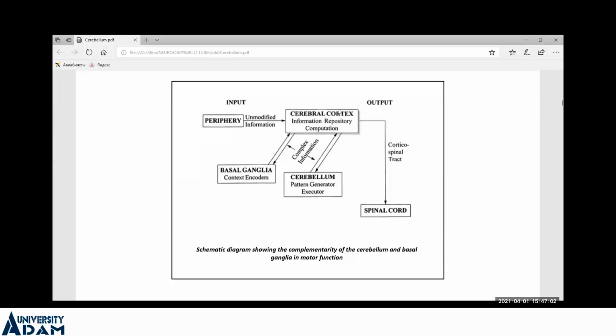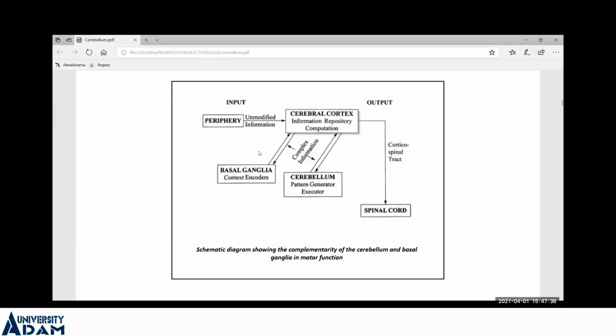The cerebral cortex is what allows all these functions to happen. So for voluntary movements, the cerebellum handles things like body balance, and the basal ganglia handle initiation of movements.